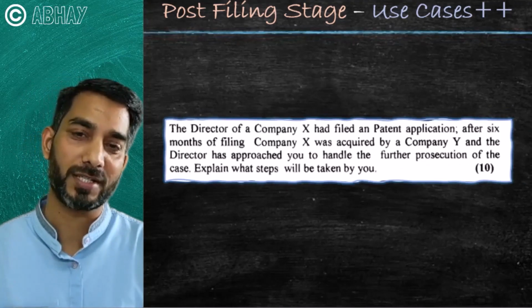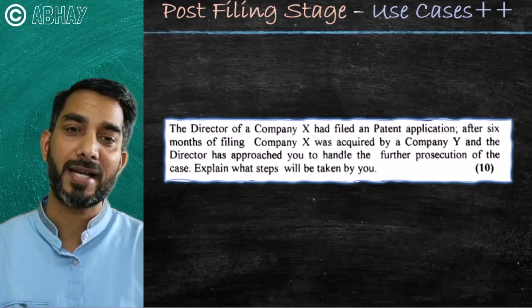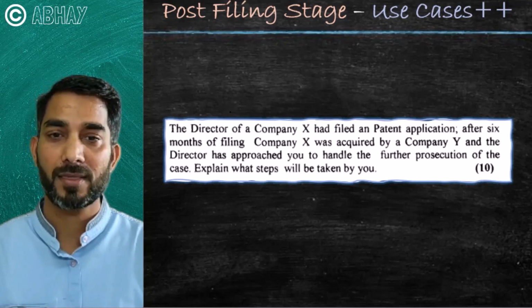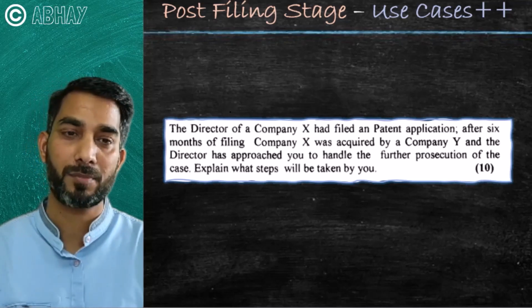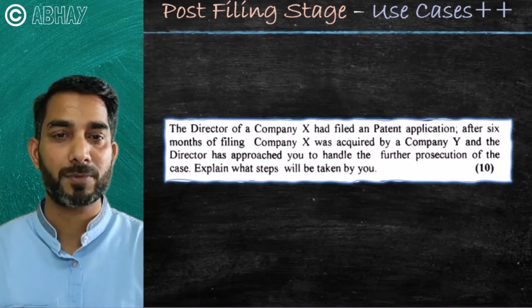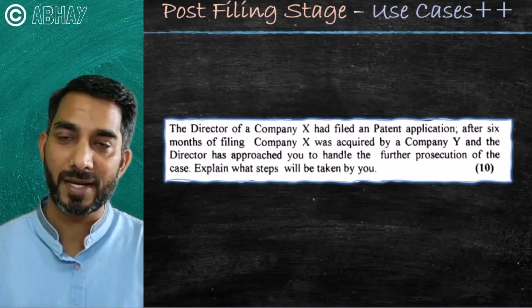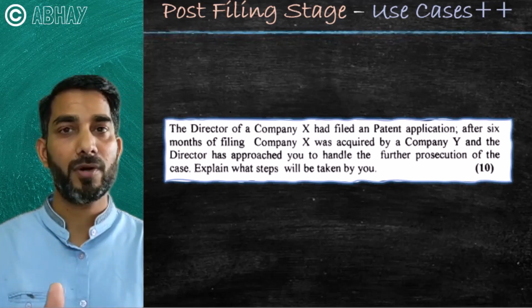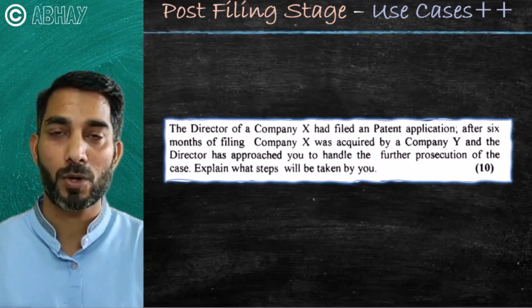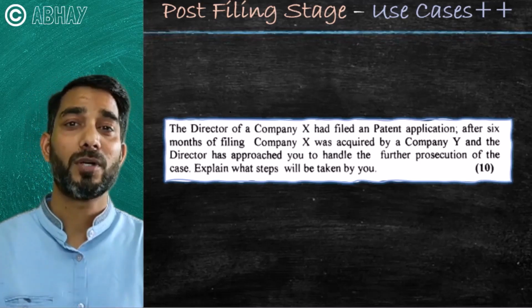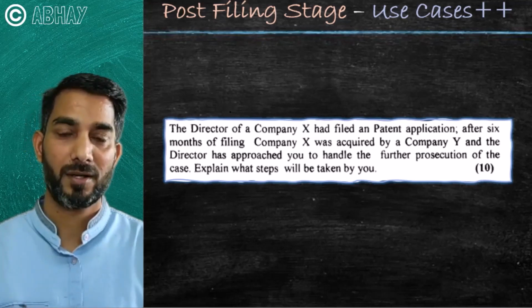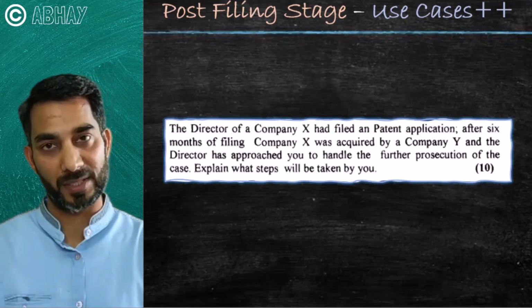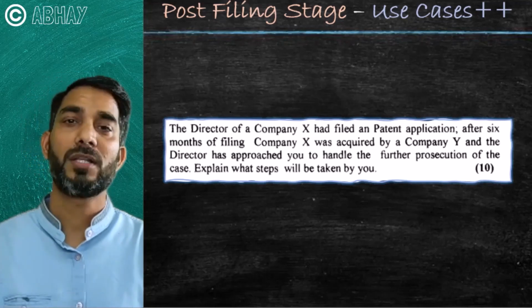Moving on to the last use case. The director of company X had filed an application. After 6 months of filing, company X was acquired by company Y, and the director has approached you to handle the further prosecution of the case. Explain what steps will be taken by you. Now here it's a simple case where company X has been acquired by company Y. Therefore, the intellectual properties of company X also will be transferred to company Y. So this is a case of reassignment where company Y's name should be incorporated as the applicant, as the assignee, on the patent application.